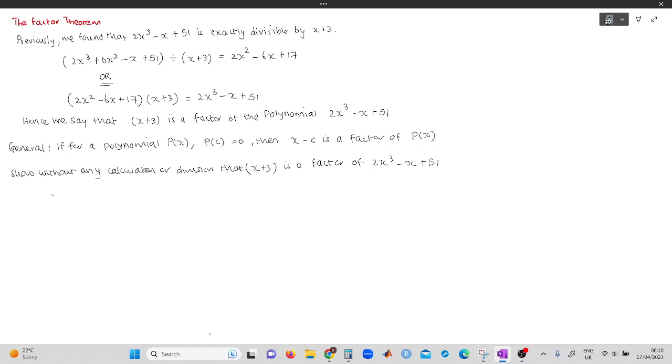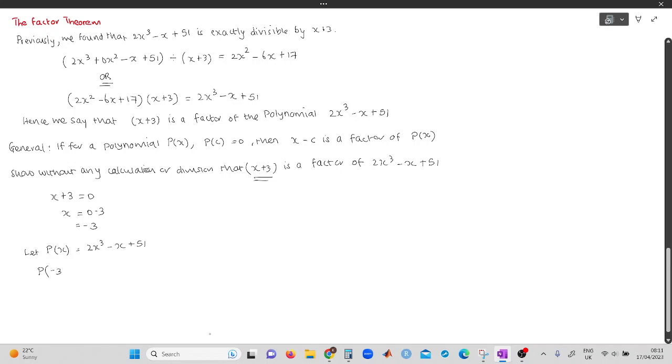Donc tout simplement, this I will equate it to 0, x plus 3, the factor here, equated to 0. I solve that what will be x, 0 retiré 3, gives me minus 3. Donc, let p of x equals to 2x cubed minus x plus 51. Me remplacer là-dedans. Donc, when x equals to minus 3, what will be the values? I would replace.